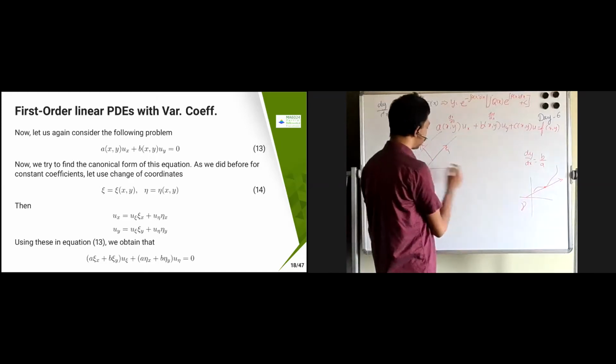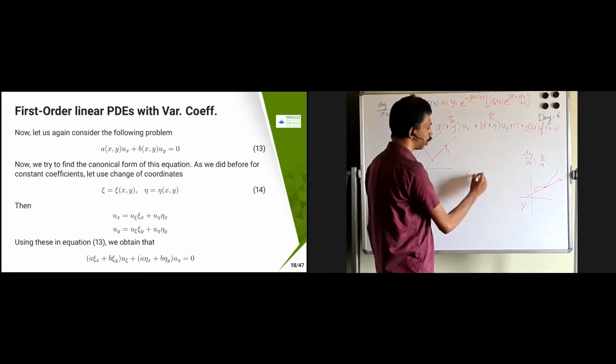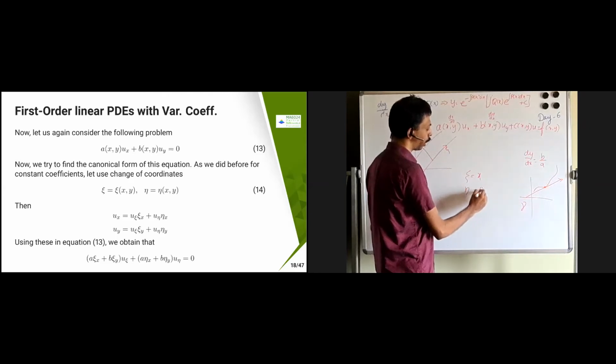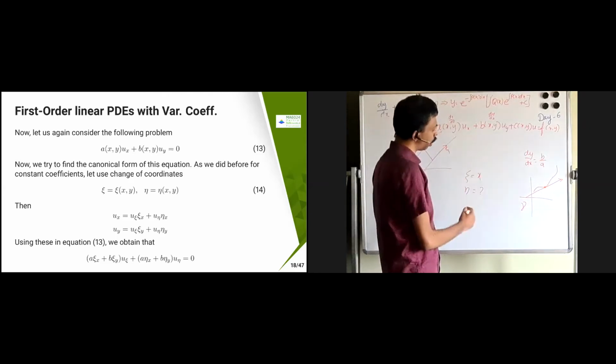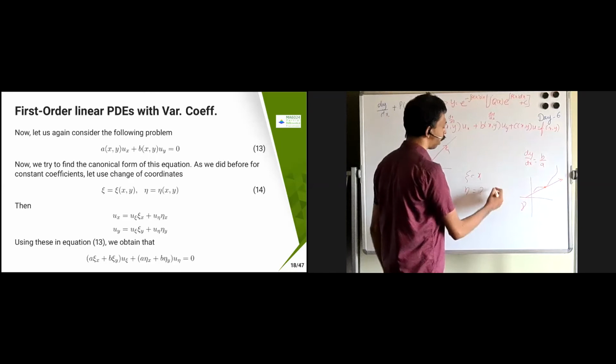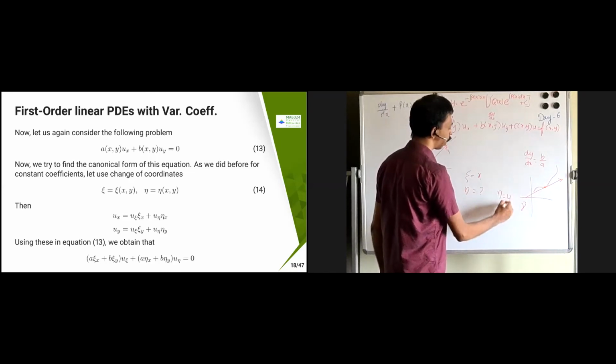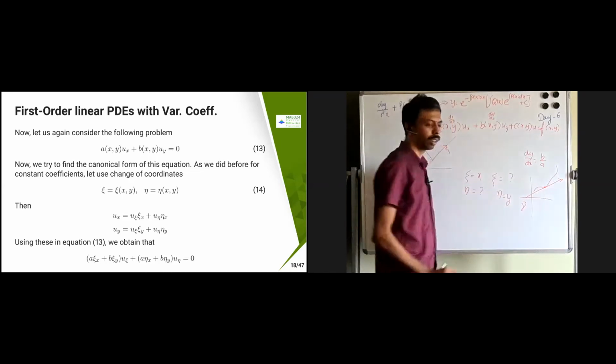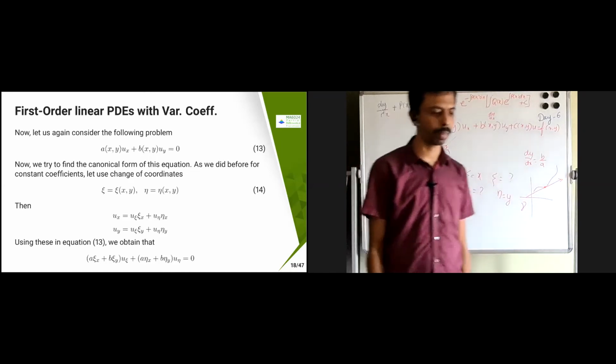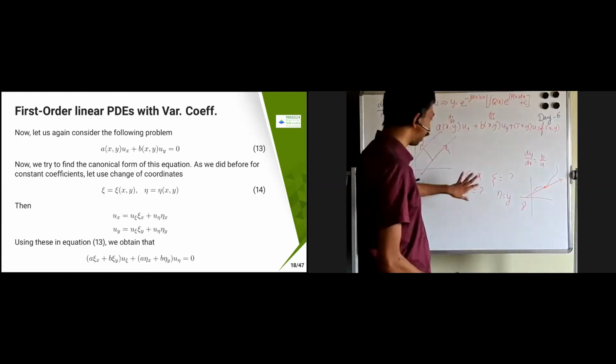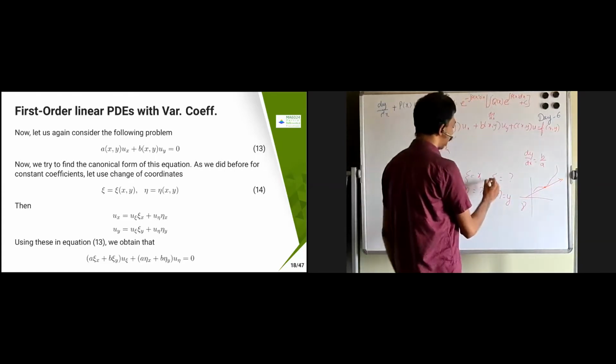I will choose chi equal to x, and eta I will determine. On the other hand, you can do the same this way also: we can choose eta equal to y, and chi you can choose as some different curve, depending on the solution of the characteristic curve. So this is the basic idea. Either you can choose this one or you can choose this one.